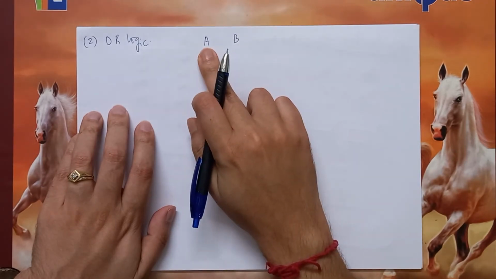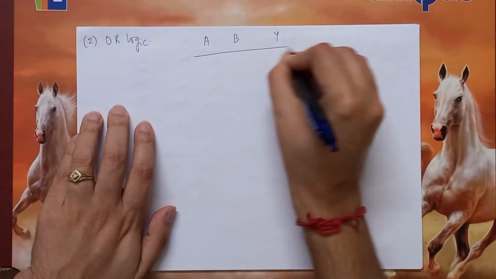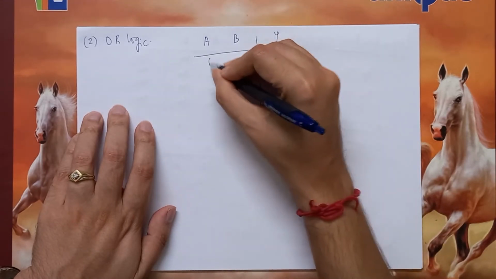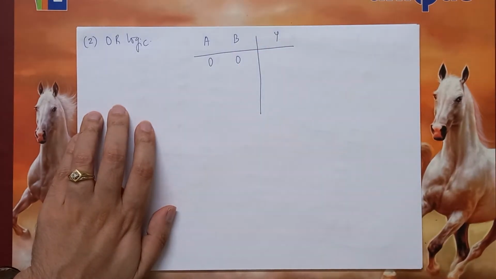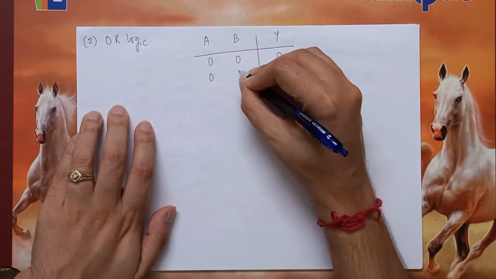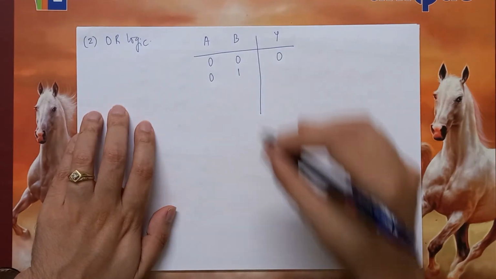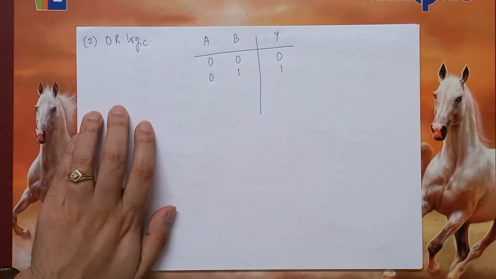If A is doing well in school, B is cleaning the room, and Y is he gets the prize. If none of them are satisfied, then the child will not get the prize. If he does not do well in school but cleans his room as per his parents' decision, they have to give him the prize.